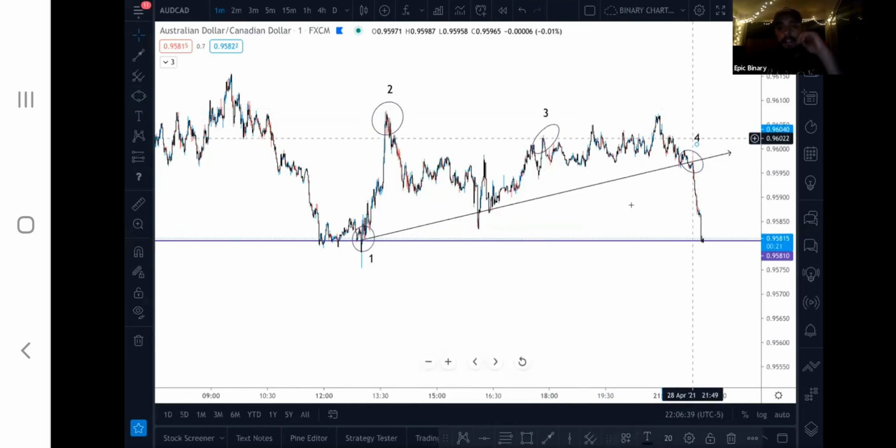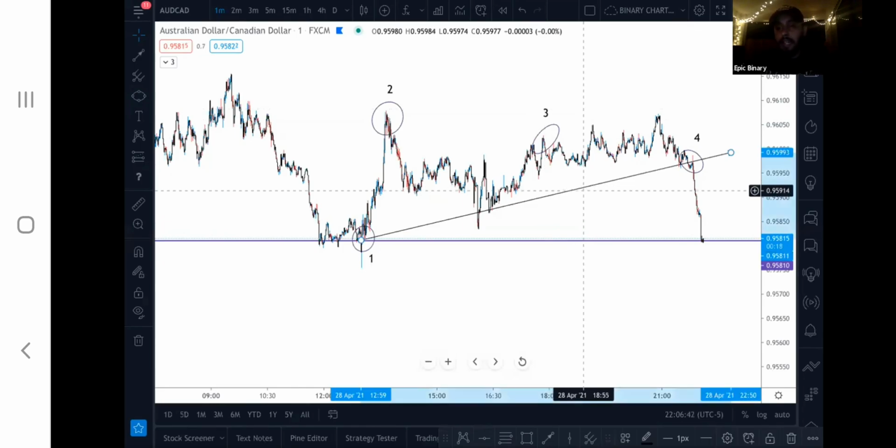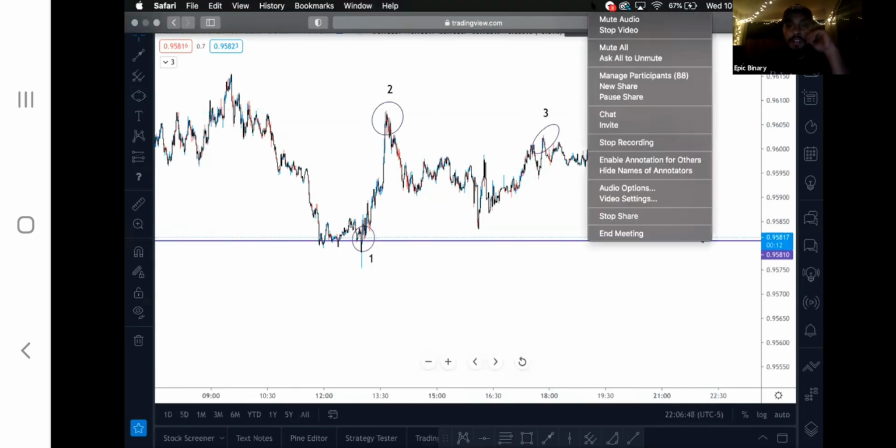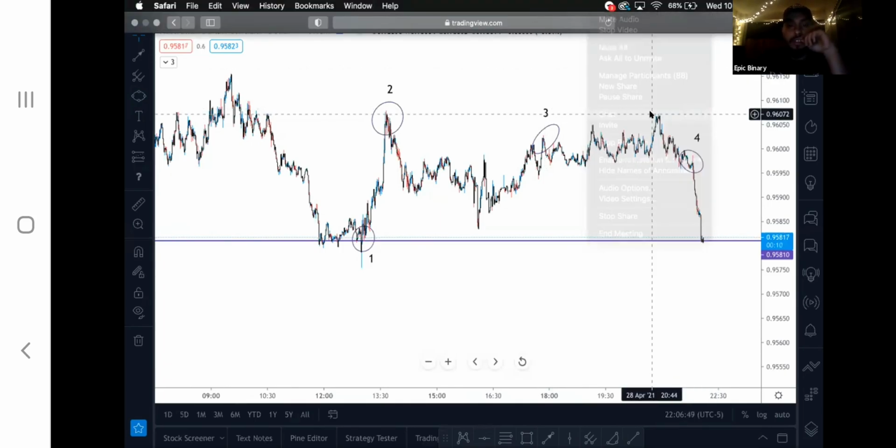For current price of where it's at right now, out of 1, 2, 3, and 4, put in the chat which number you think we should start our trend line from.